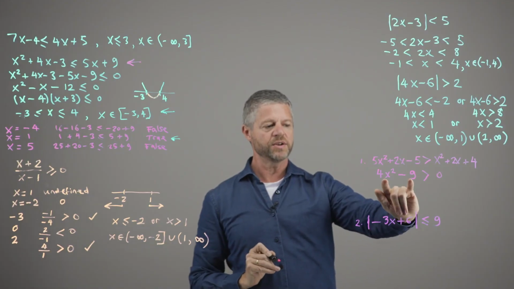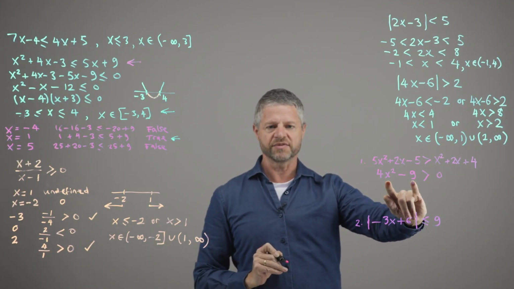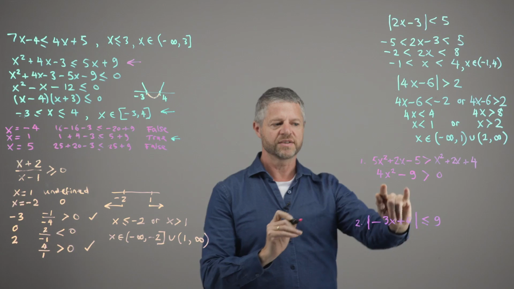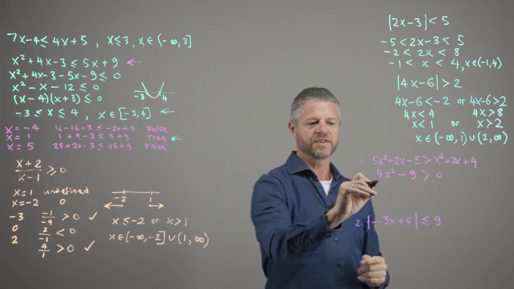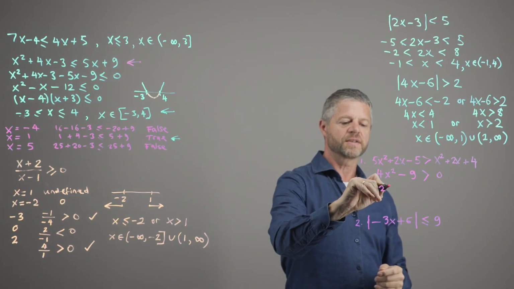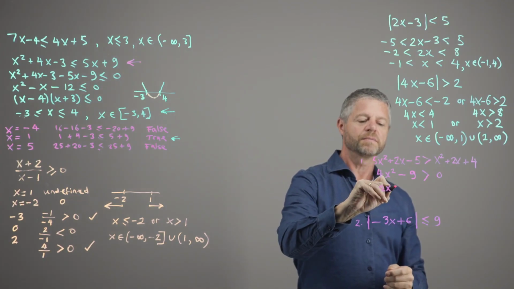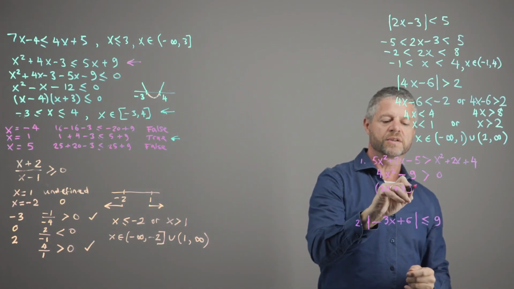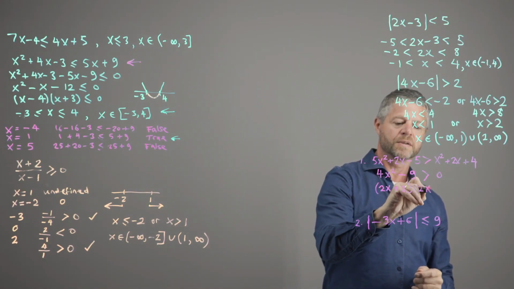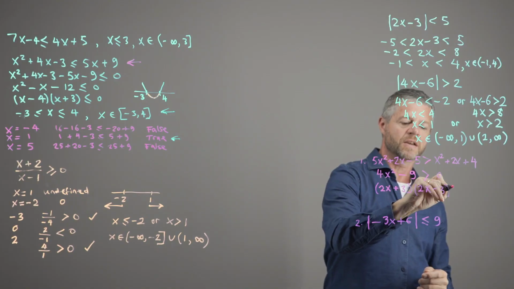And hopefully when you got to this point you recognized that this was a difference of squares. So that should make you think about conjugates. So we're going to have 2x plus 3 times 2x minus 3.